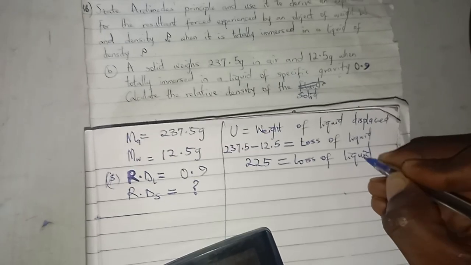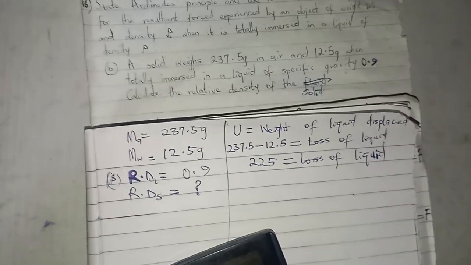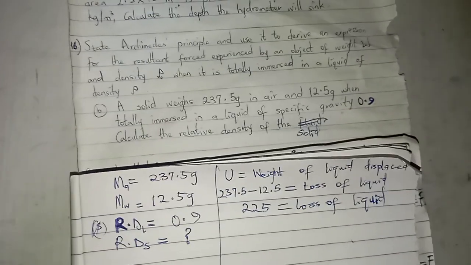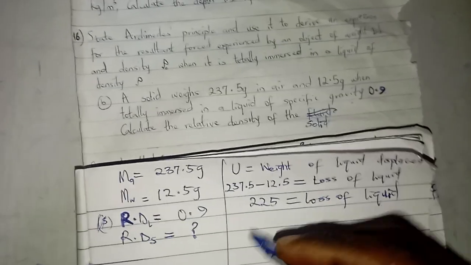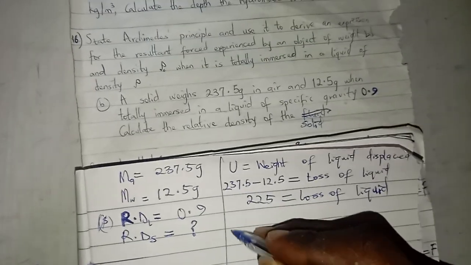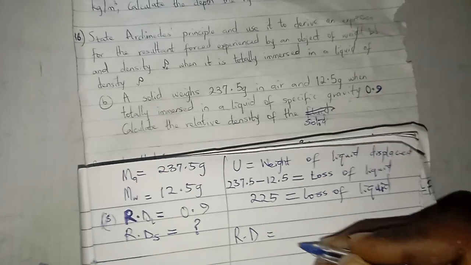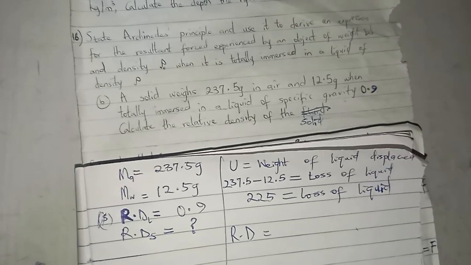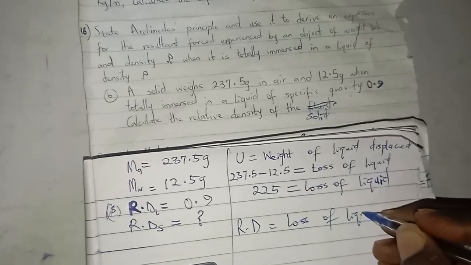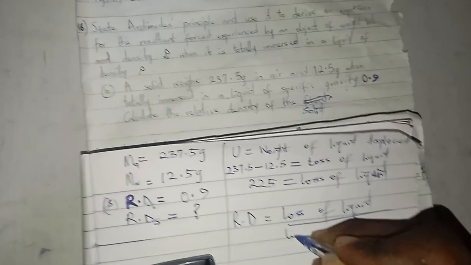This topic is one kind of trick, because they pull out questions from every angle and you might get confused. So first of all, I fall back. I've gotten the loss in liquid, but they gave me relative density. Let me use it. So relative density, if you remember, is equal to a lot of things. Relative density can mean loss of liquid over loss of water.